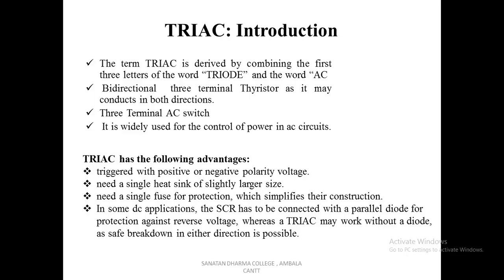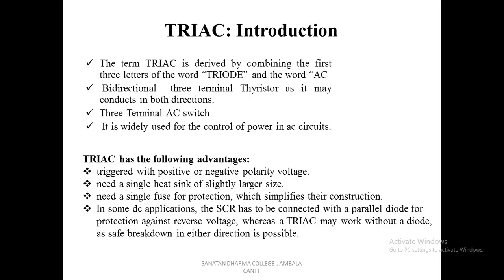Triac has the following advantages over SCR. It can be triggered with positive or negative polarity, it works for both polarities, but SCR was working only for the positive polarity. Triac needs a heat sink which is larger than for SCR, but in case of SCR we need two heat sinks. It needs a single fuse for protection, which simplifies the construction.